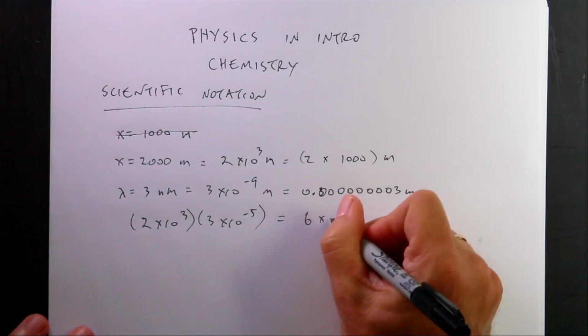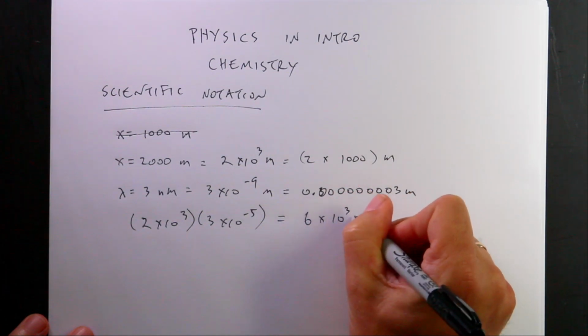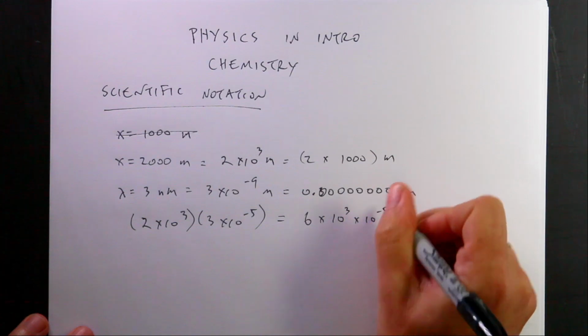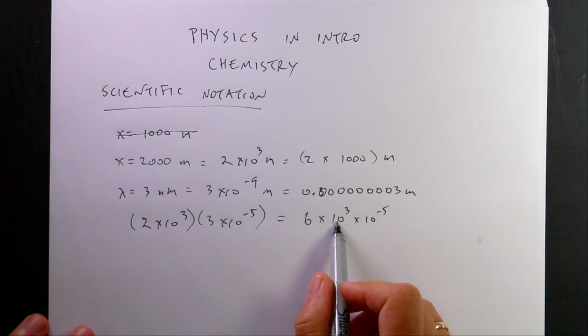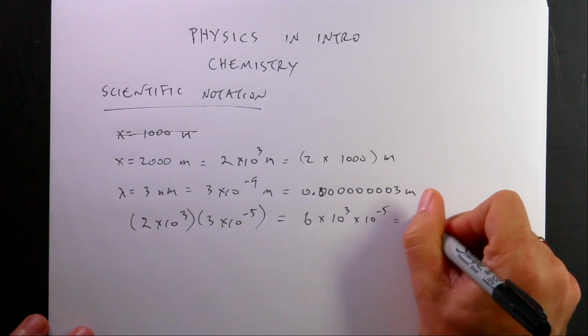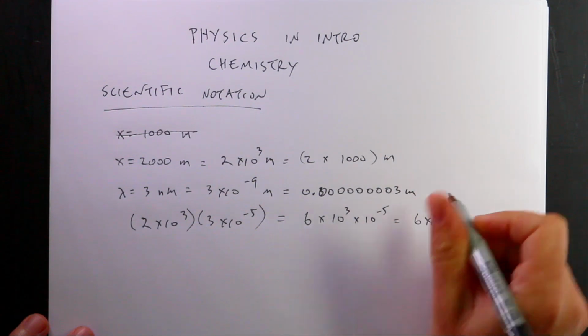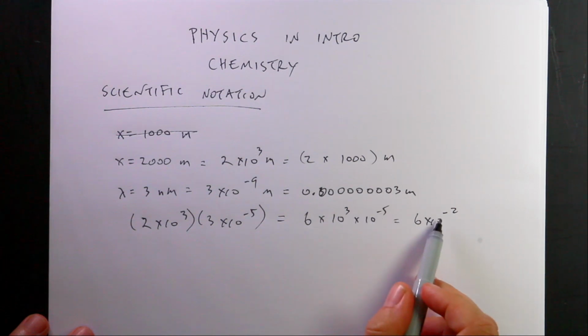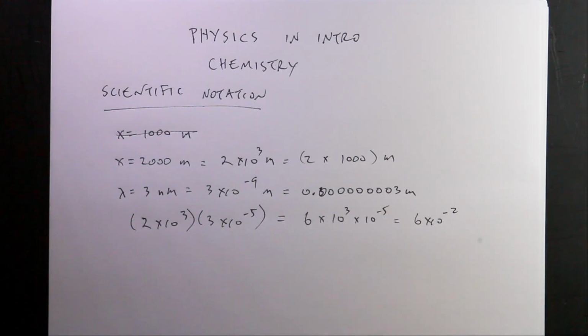When I multiply those, I can just add their exponents. So this is going to be 6 times 10 to the negative 2, because 3 plus negative 5 is negative 2. That's an easier way to write it.